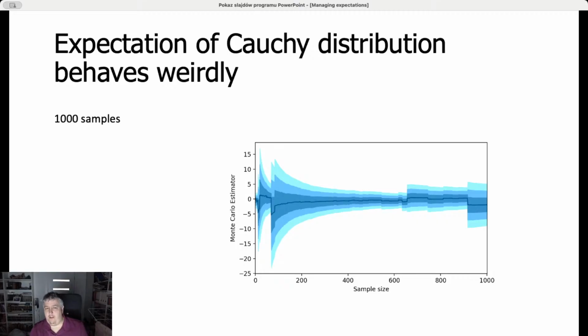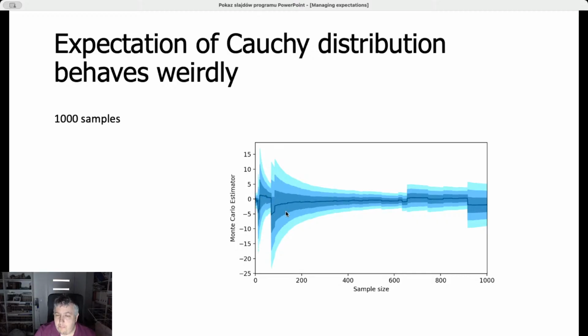And as we can see, what happens here? This is our standard estimator of the expected value. This estimator is an average of samples. As we can see, samples are coming, the estimator starts to converge, and then the heavy tail drops an outlying sample, which completely jumps and changes the estimator value.